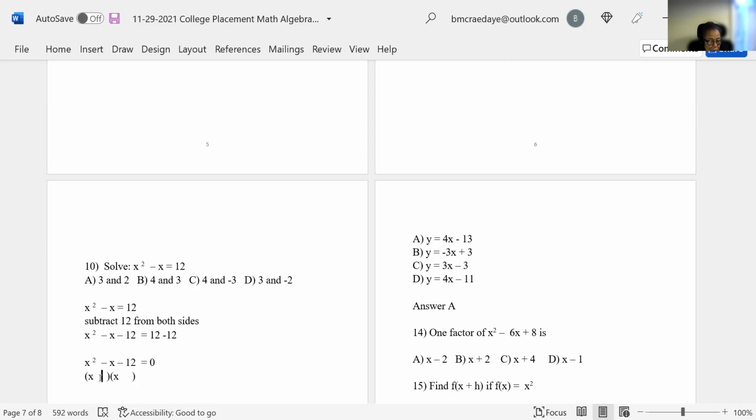Well, 4 times 3 is 12, but we need a minus 12, right? So it should be a 4 and a minus 3. But 4 times minus 3 is a minus 12, but 4 and a minus 3 give you a plus 1. Remember, this has to be a minus 1.